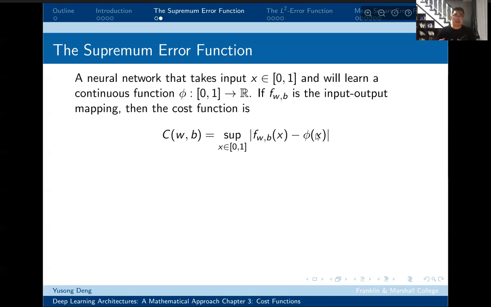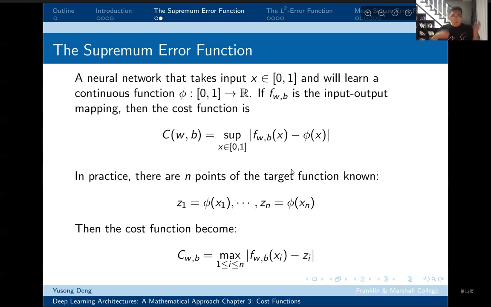Given x, say our f(x) maps 0 to 1, and the desired one maps 0 to 0, then the absolute distance between them is 1. It represents the distance, and the supremum tells you, okay, over the inputs from 0 to 1, I want to find the largest distance between them, right? This can be a measurement of how well I am learning.